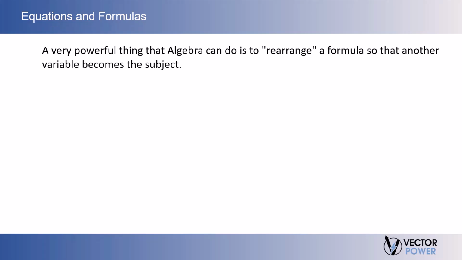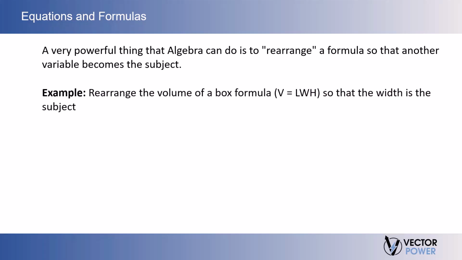A very powerful thing that algebra can do is to rearrange a formula so that another variable becomes the subject. Example, rearrange the volume of a box formula, V equals LWH, so that the width is the subject. So we'll start with the base formula, V equals LWH.